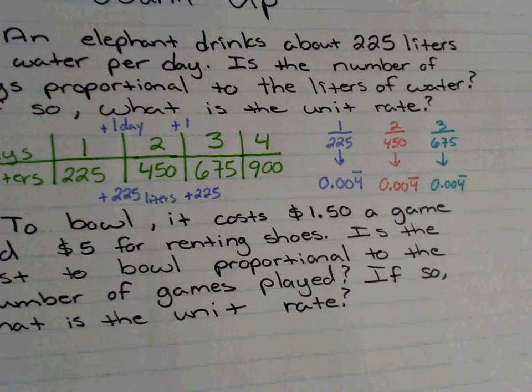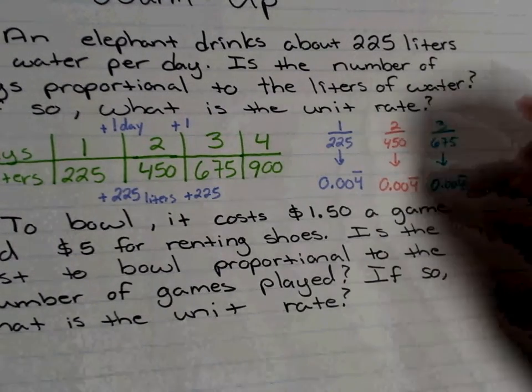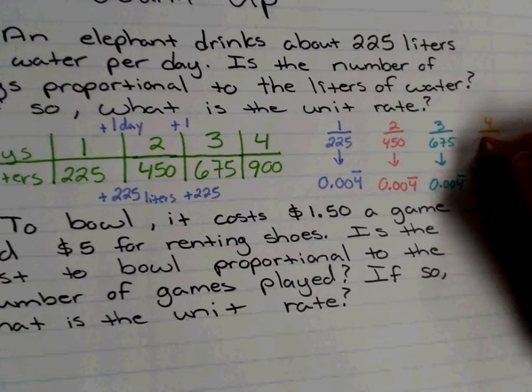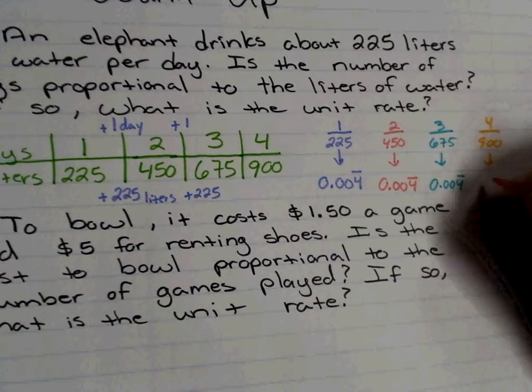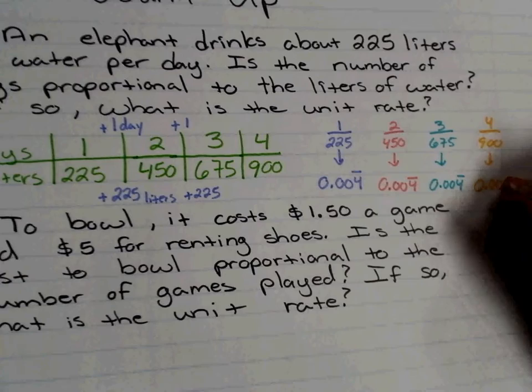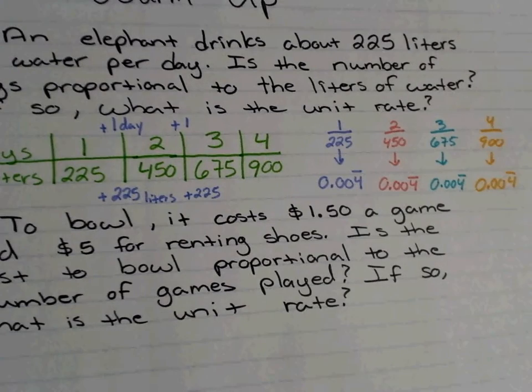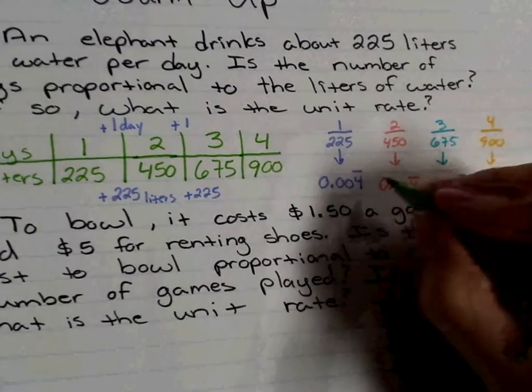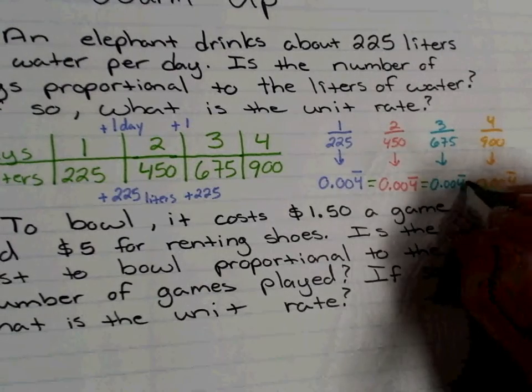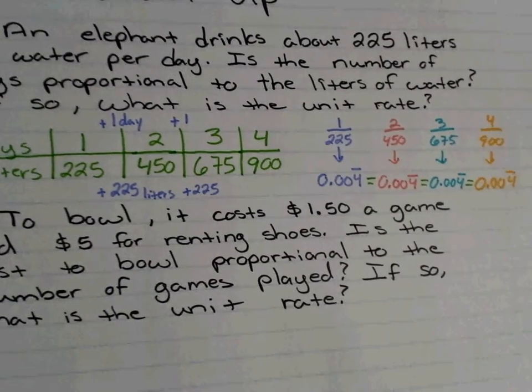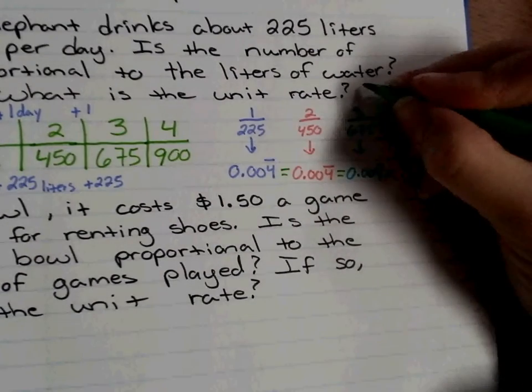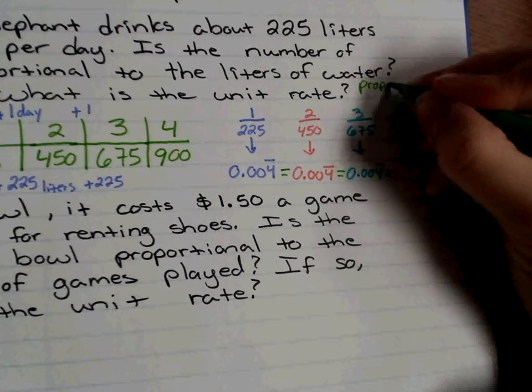If I do 4 over 900, I'm going to get 0.004 and the 4 is going to repeat. So yes, it is proportional because all of these are equal to each other, right? So I know that it is proportional, so I'll put proportional as my answer.